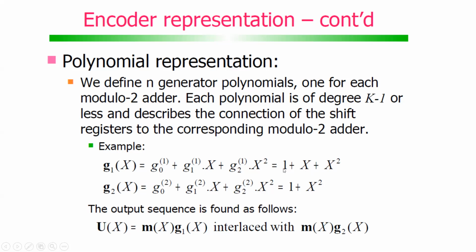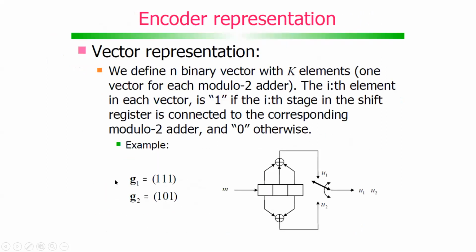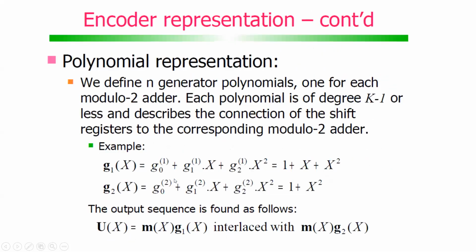What does that mean? The coefficient of the constant term is 1, the coefficient of x is 1, and the coefficient of x square is again 1. So this is 1 1 1, and that's what is said here. My G1 is 1 1 1, and I can write this as 1 plus x plus x square.